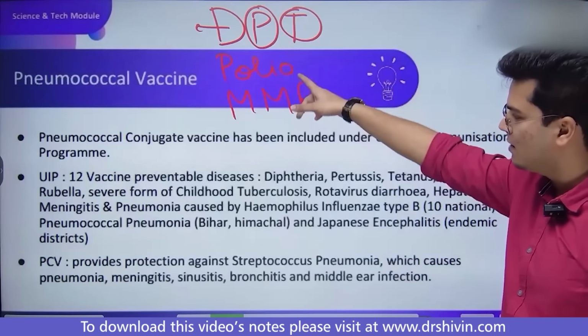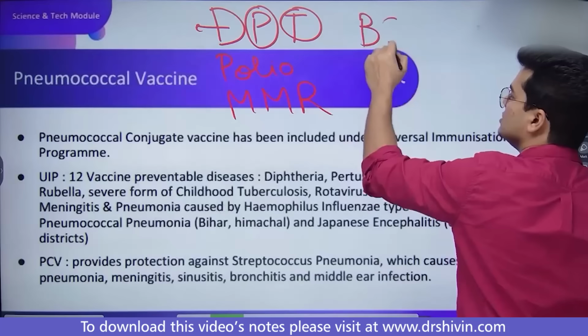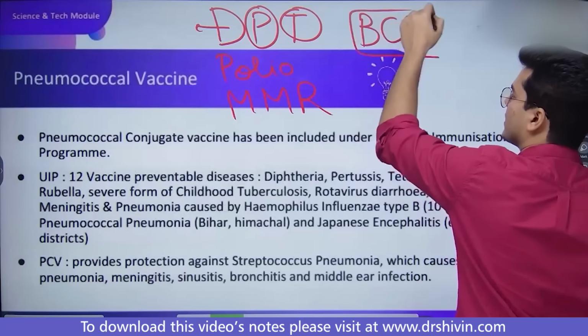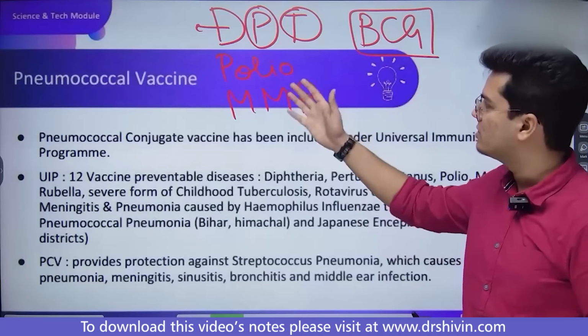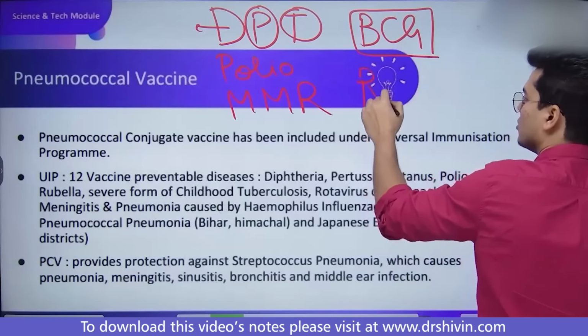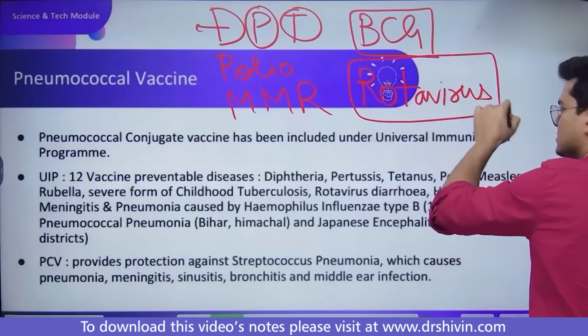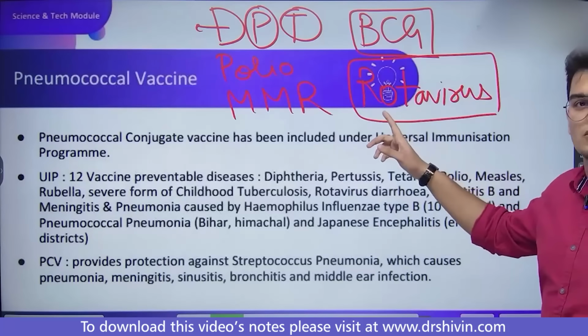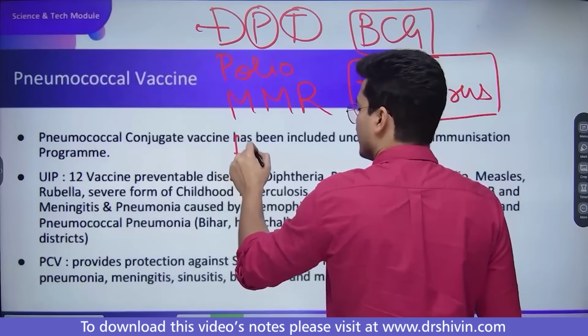DPT, MMR, polio. Then it has a vaccine called BCG. BCG vaccine prevents a severe form of tuberculosis in children. Okay. Then it has a vaccine called rotavirus. Rotavirus vaccine is against the rotavirus that causes diarrhea. Okay. Then it has hepatitis B.